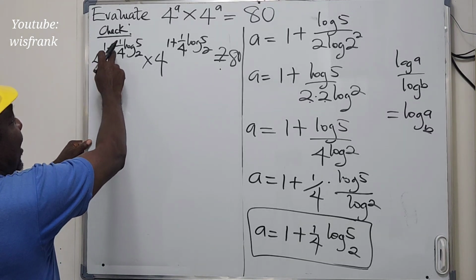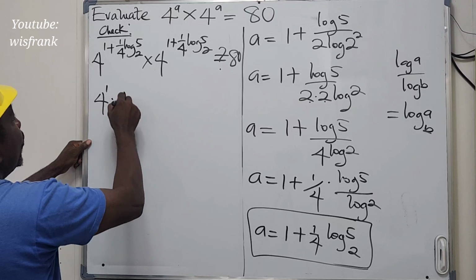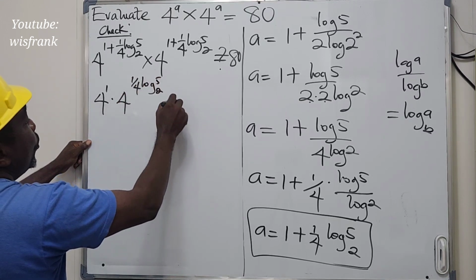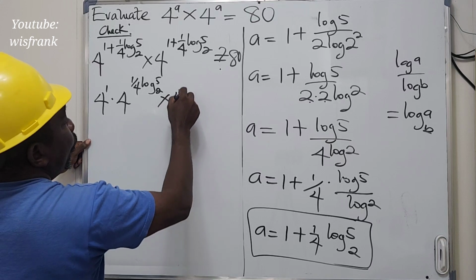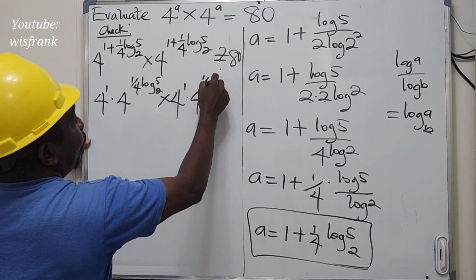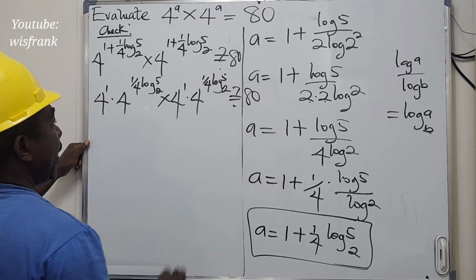Law of indices. This can be written as 4 to the power of 1 times 4 to the power of 1 all over 4 log 5 base 2, then times 4 to the power of 1 times 4 to the power of 1 all over 4 log 5 base 2. Will this equal 80?